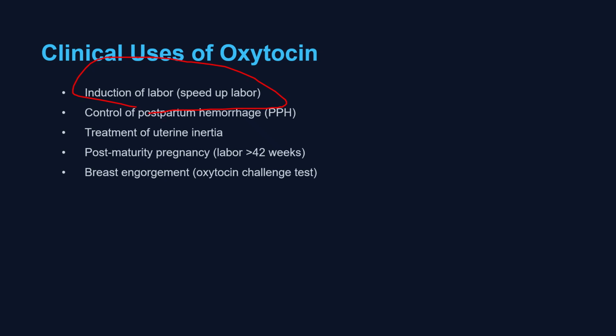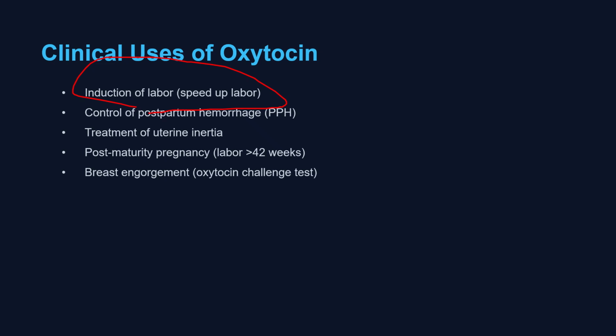Another use is to control postpartum hemorrhage, which is mainly relevant for cesarean section. In normal delivery, postpartum hemorrhage mostly does not happen. In a cesarean case, excessive bleeding can take place after delivery, and this can seriously injure the pregnant woman. At that point, oxytocin should be administered IV or IM for rapid response.